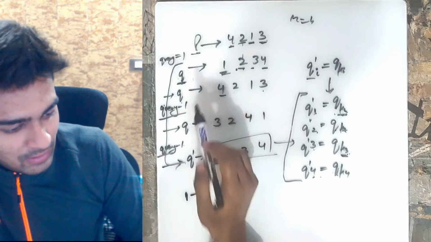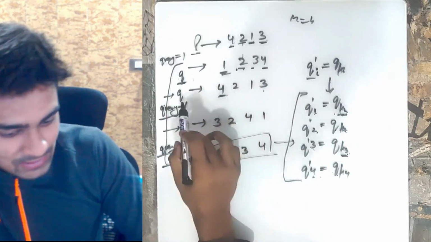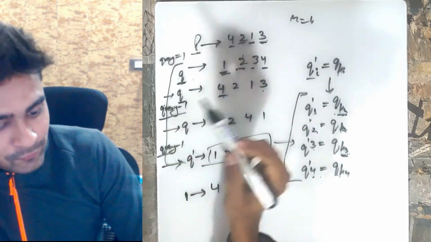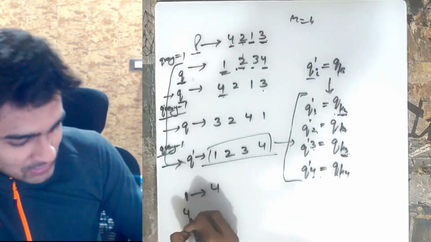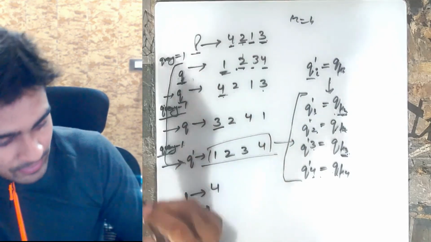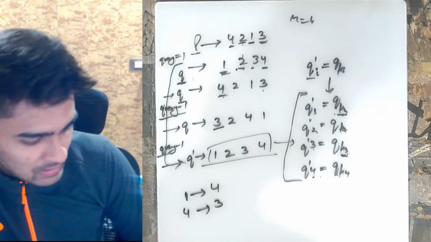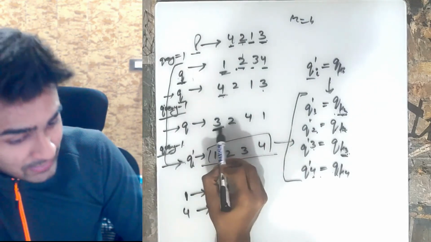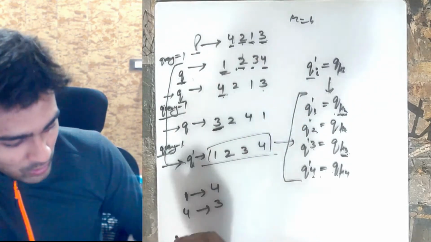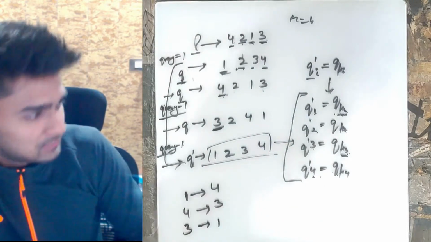Then again, for the very first index in this q, I say that in the fourth index of p, I have 3. Then again, I say that in the third index of p, I have 1.